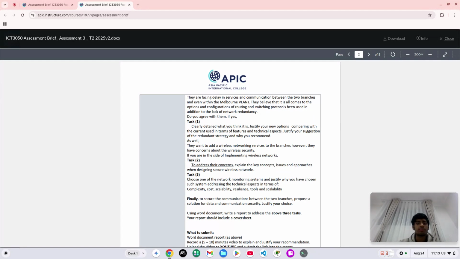As they have expressed the interest to implement the wireless network in their company, we agree with the use of wireless network, but as the wireless network is very vulnerable to attacks, there should be strong security measures.